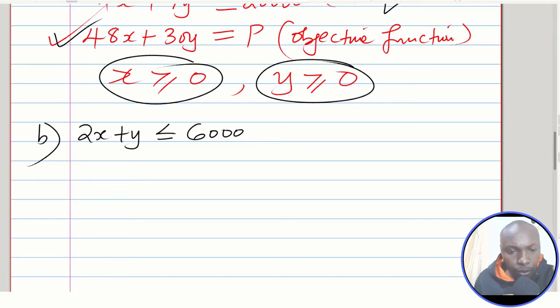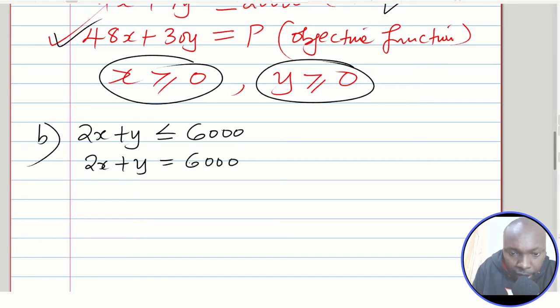Now, to draw the graph using this inequality, we're going to treat this one as an equation of a straight line, and a straight line should be drawn by using any 2 points. So we just take this sign as equals, 2x plus y. Just treat that one as equal for the purposes of drawing the line. We replace the less than or equal to sign with an equal sign.